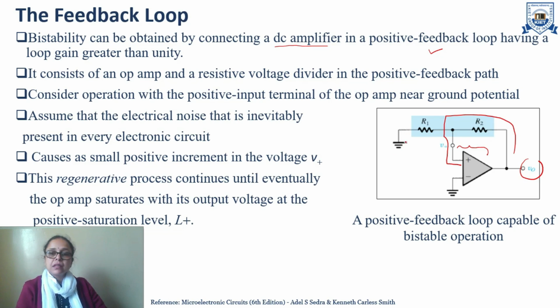In this circuit, it is having the positive feedback with resistance R1 and R2. We cannot see any input signal applied to this circuit, and since there is no input signal, let us assume that some electrical noise is present in the circuit, let us say a positive noise signal, V plus, is present.